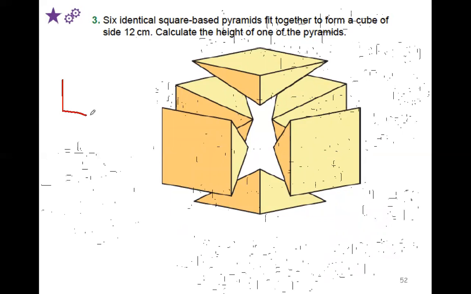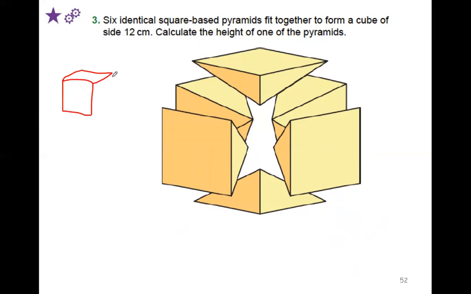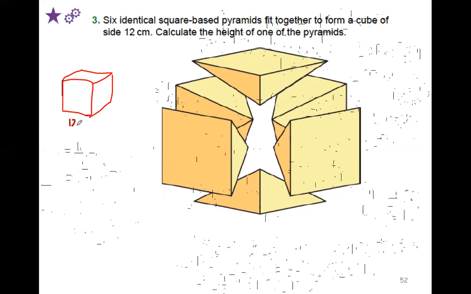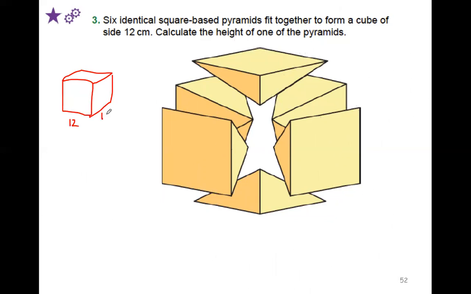If it's a cube of side 12, the total volume is 12 times 12 times 12. Once you divide that by 6, you get the volume of 1 pyramid.